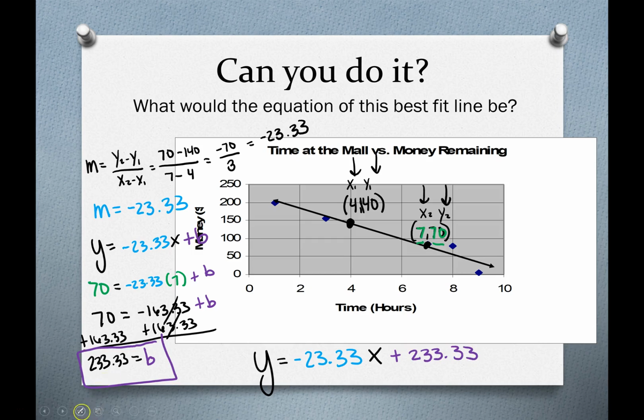We should check to see if this answer makes sense. Does our y-intercept roughly go through 233? If I were to extend this, does that look like it'd be about 233? Yeah, sure, it looks like it's in between 200 and 250, so I think that's good. Should we have a negative slope? Yes, we should, because it's going down.